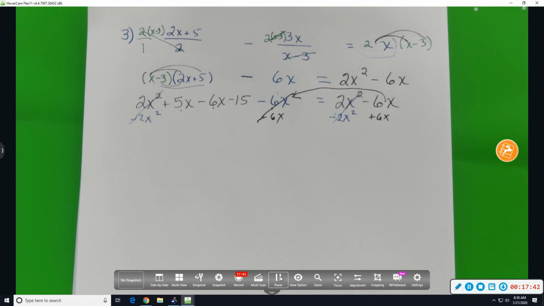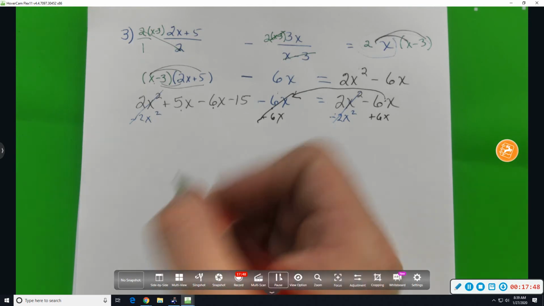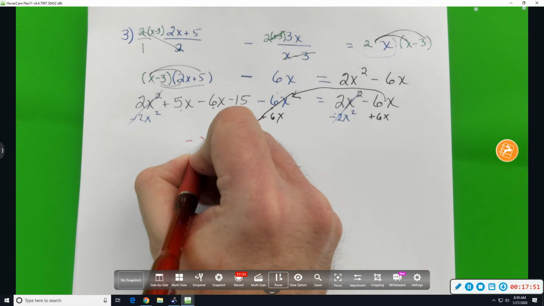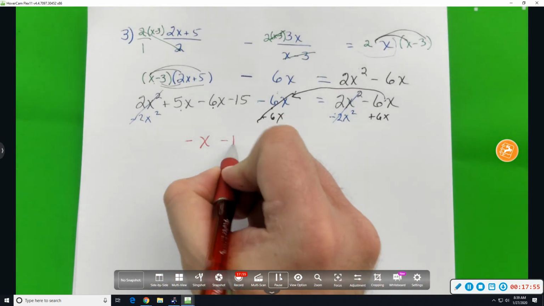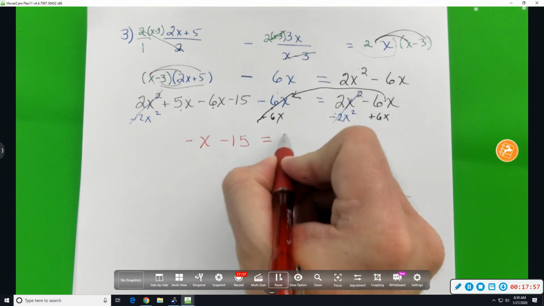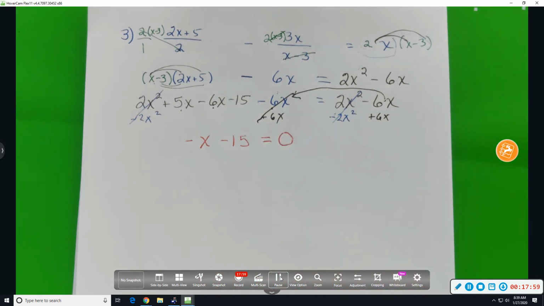A 5x minus 6x, so that's a negative x. And we still have this minus 15. Now we have a 0 on the right-hand side. A lot of stuff subtracted out.